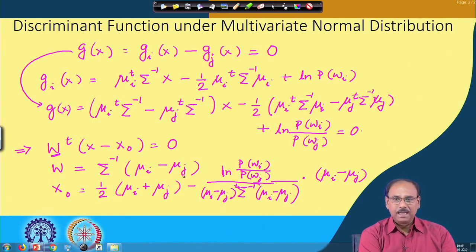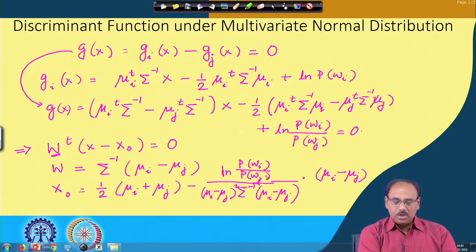So, W is no longer in the direction of the vector from mu I to mu j, but the direction of W depends upon the covariance matrix sigma, because the expression is sigma inverse mu I minus mu j. X naught, as before, if I assume P omega I and P omega j to be equal, that is the classes to be equally a priori, becomes half of mu I plus mu j.